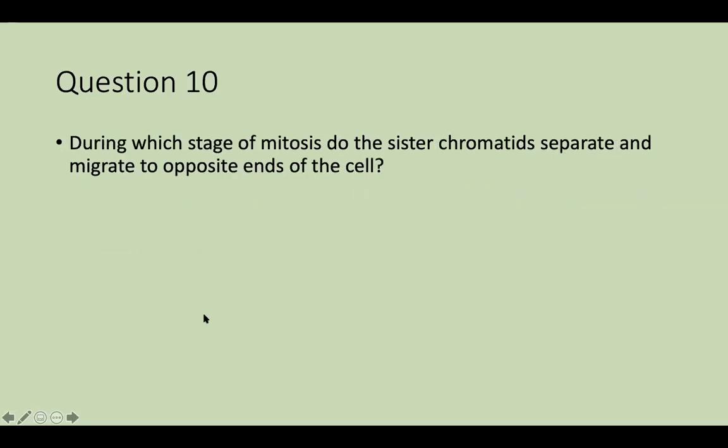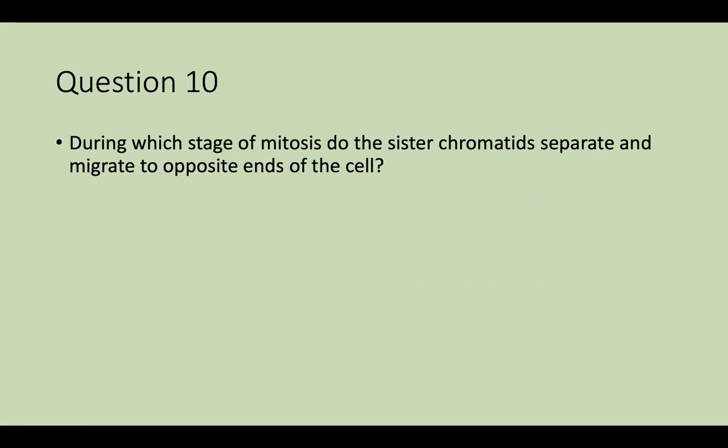Question 10, during which stage of mitosis? So on to lab 3 in your lab manual. During which stage of mitosis do the sister chromatids separate and migrate to opposite ends of the cell? So you have 4 choices here, and this is one where I don't give you a word bank, you'll notice.